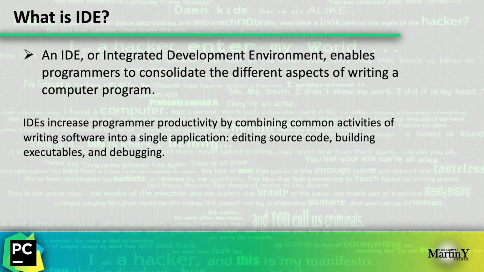So for every good development environment, the first step for better productivity is to have some tool that enables us, the programmers, to inspect different aspects of the computer program.